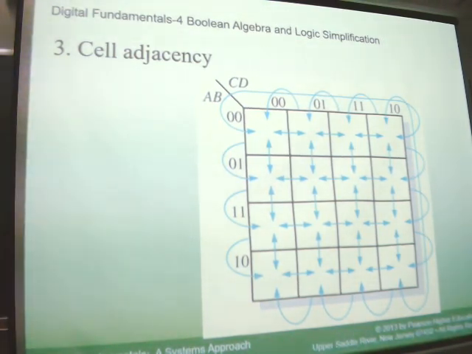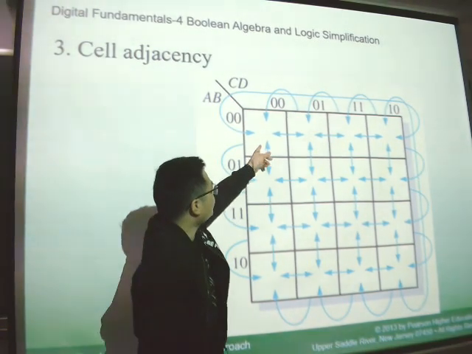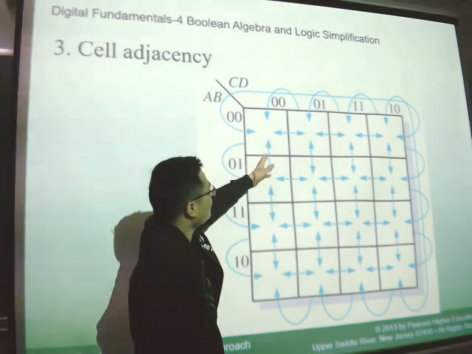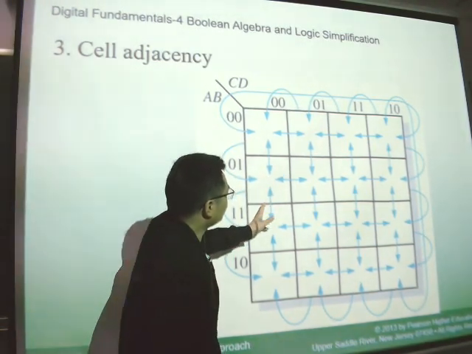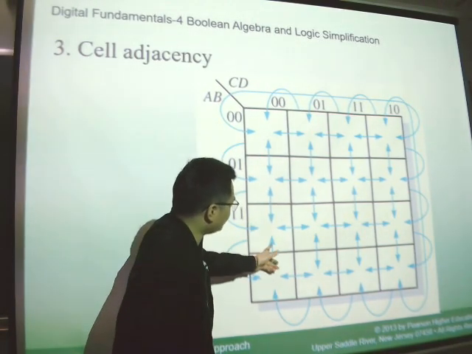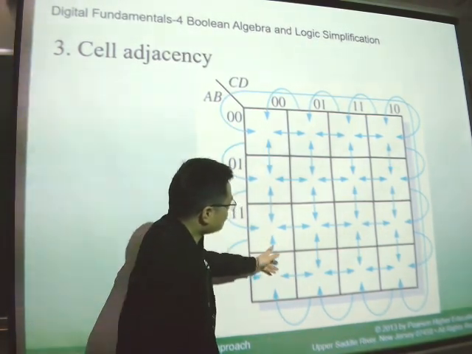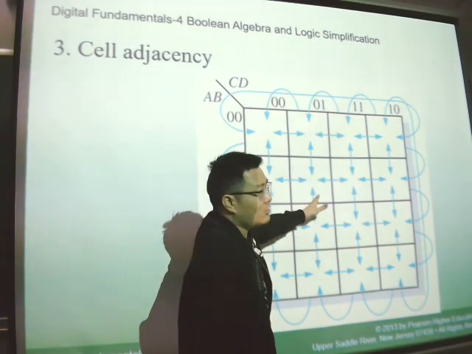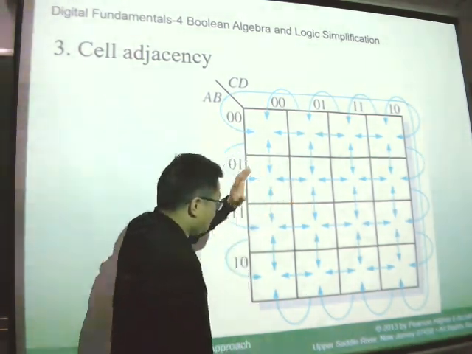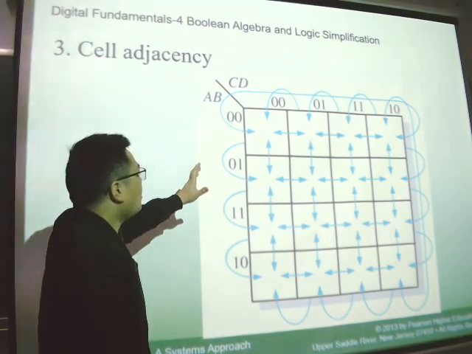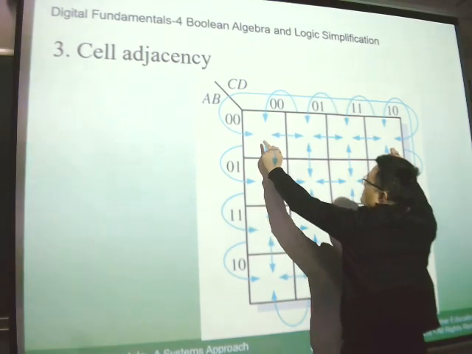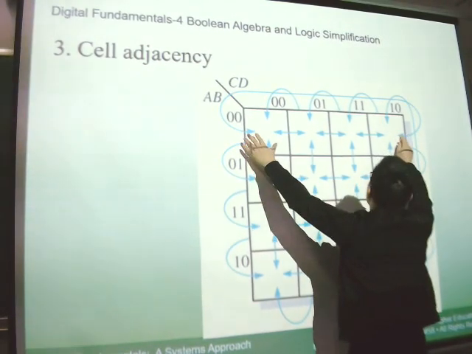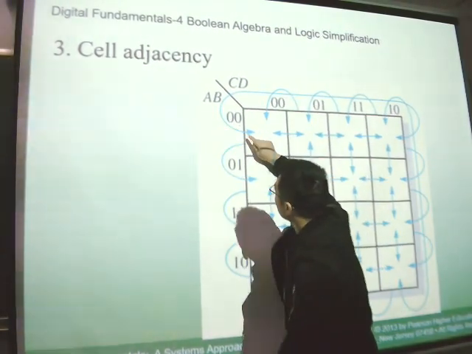This means the two cells are adjacent. Others are also similar. But also, these two cells are also adjacent. Why?